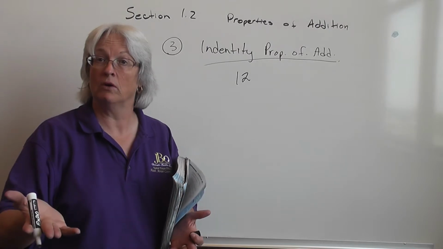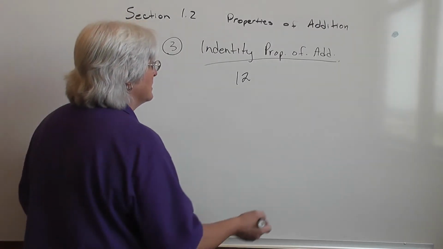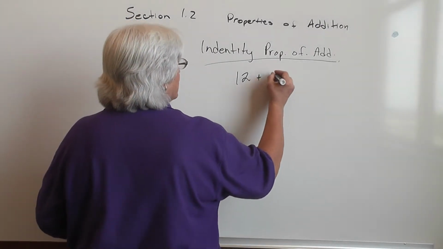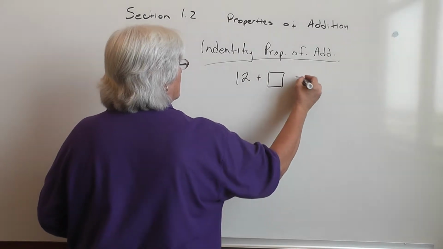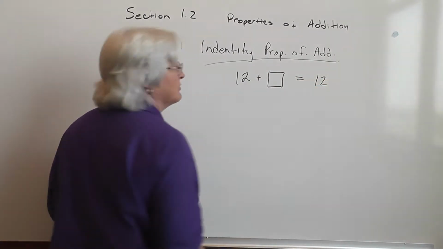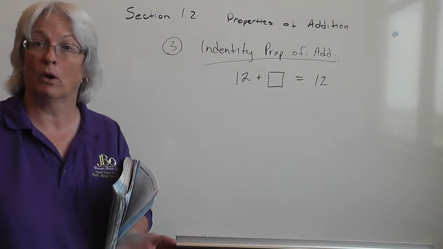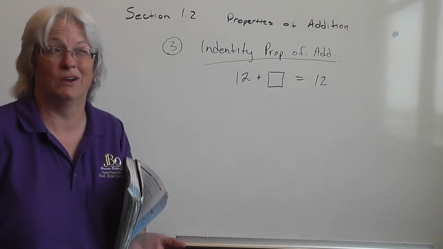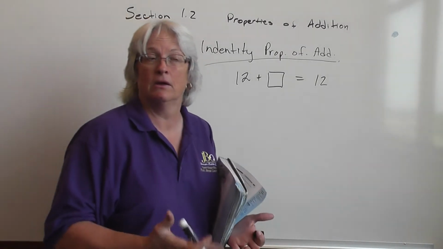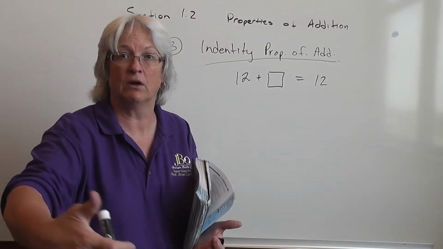I start with 12 cookies, I start with a dozen cookies, and I want to add something to it so that I still have 12 cookies at the end. What am I going to add? Well, you're not going to add anything. If you've got 12 and you want to end up with 12, you don't add anything.